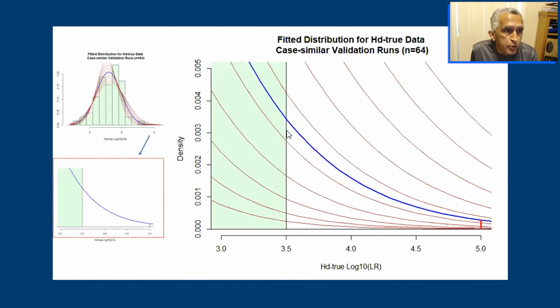And this picture shows for the HD true distributions, when you consider a lot of possible plausible models, the density value at the point of interest, which is log LR of 5, can be large or small, a whole range of possible values depending on which model you chose. And that's going to affect the resulting LR value that you arrive at.